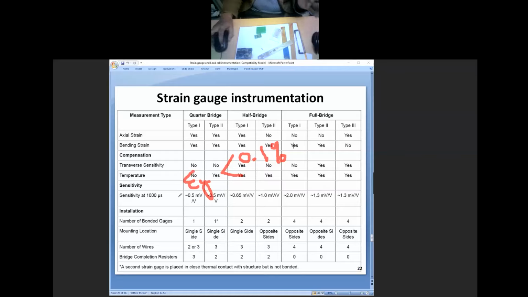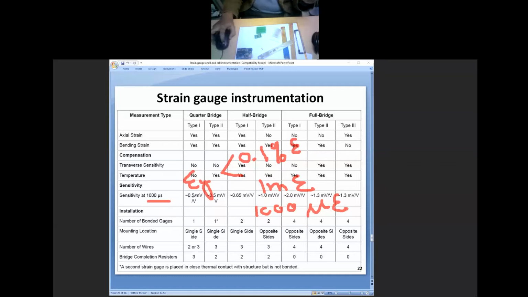Now I am going to write it in terms of microstrain. It is basically 1 millistrain. 0.1% is 1 millistrain, or you can write it as 1000 microstrain. So don't be confused. It basically means 0.1% strain.